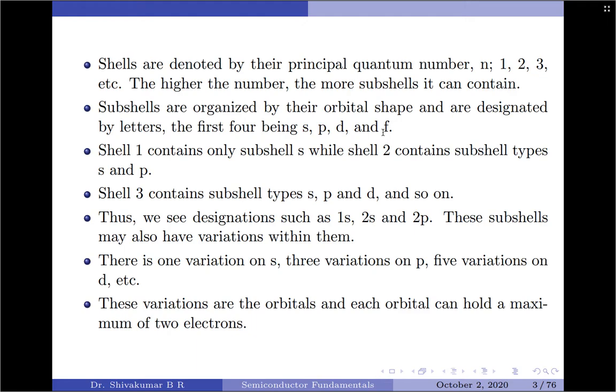Thus, we see designations such as 1s, 2s, and 2p. These subshells may also have variations within them. There is one variation on S, three variations on P, five variations on D, and so on. These variations are the orbitals, and each orbital can hold a maximum of 2 electrons.